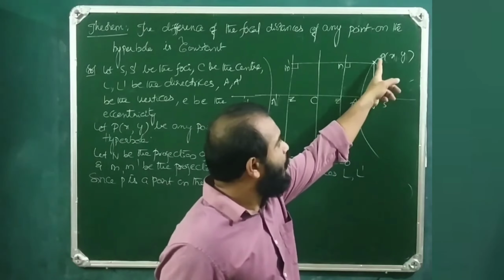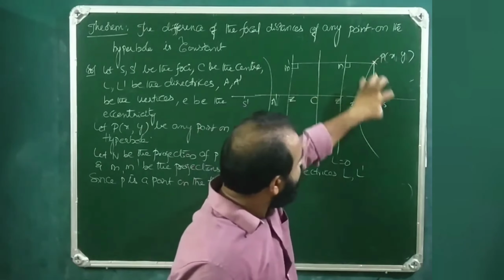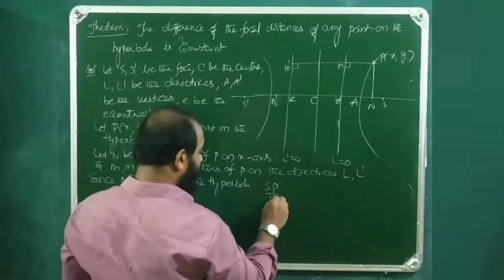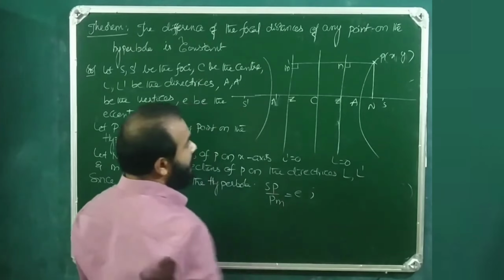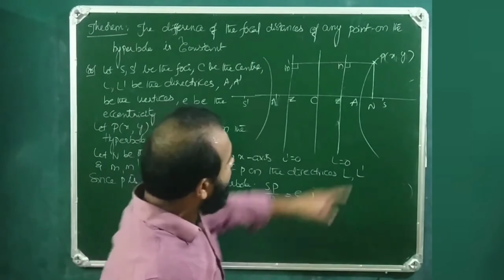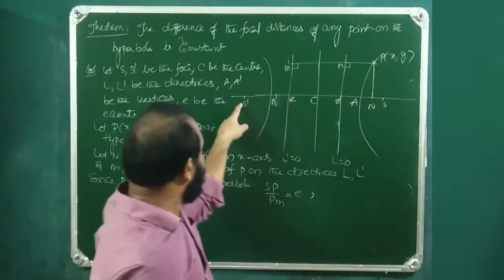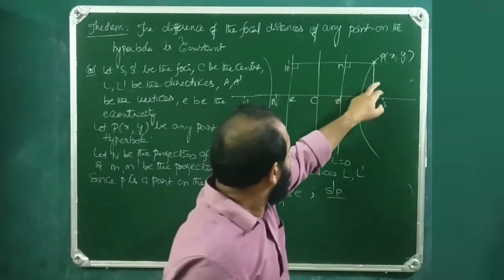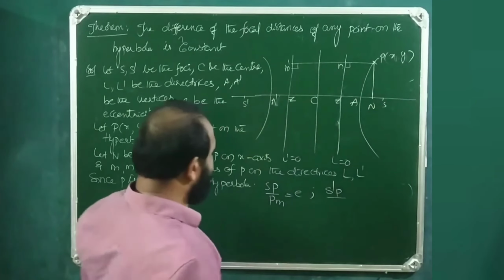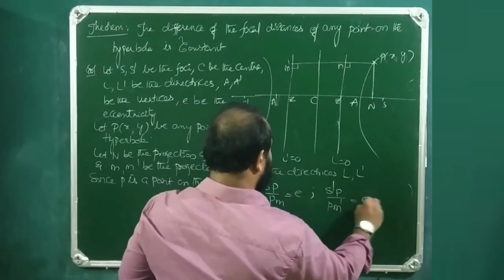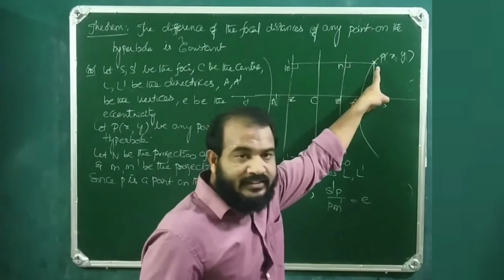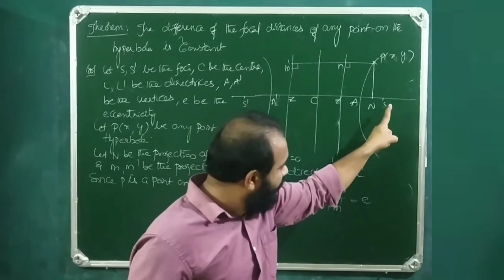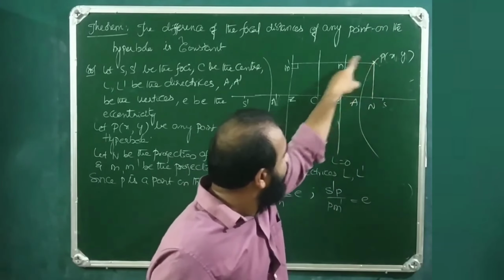since P is a point on the hyperbola, its distance from a fixed point, so SP by PM equals e. Likewise, its distance from the second focus, S dash P by PM dash, equals e. P's ratio of distances from this focus to the corresponding directrix is SP by PM.